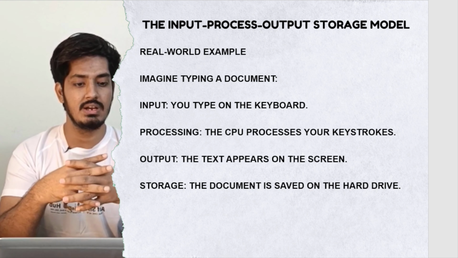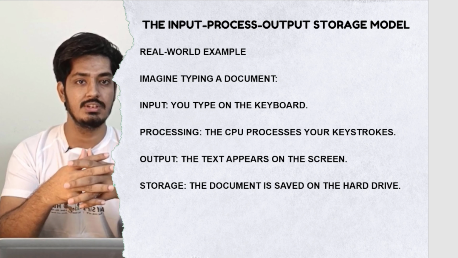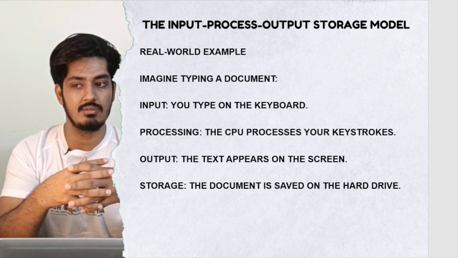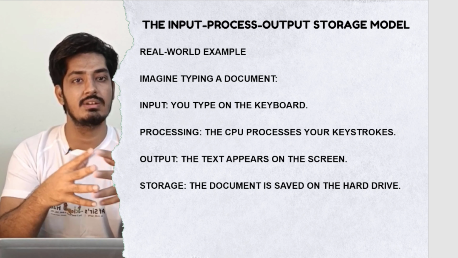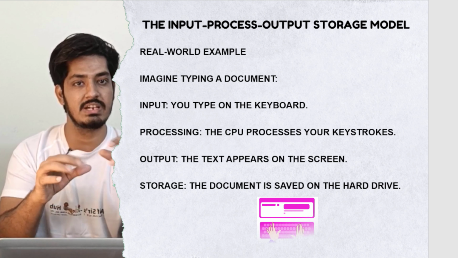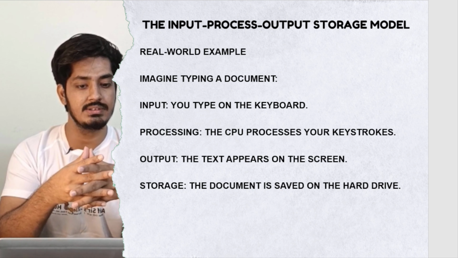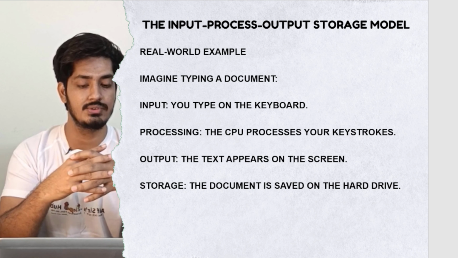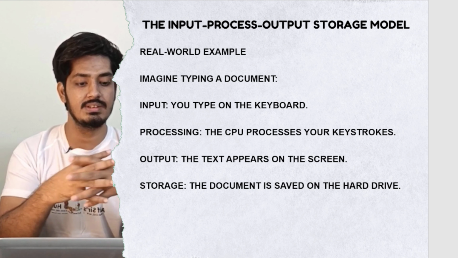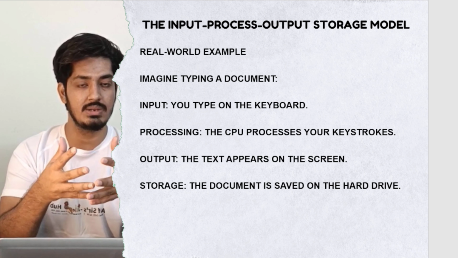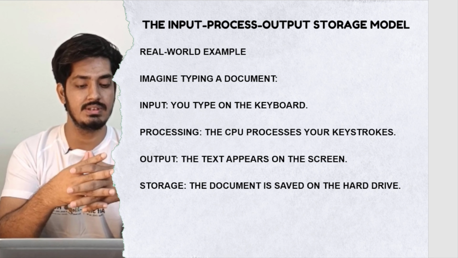Now let's see a real world example of this model, where we use it in real life. Consider when we want to create a document on the computer. When we type a document, we input something from the keyboard. When we press a key, the computer takes the input from the keyboard. Then the CPU processes the keystrokes, that means the CPU is told which key we pressed, and it processes it.